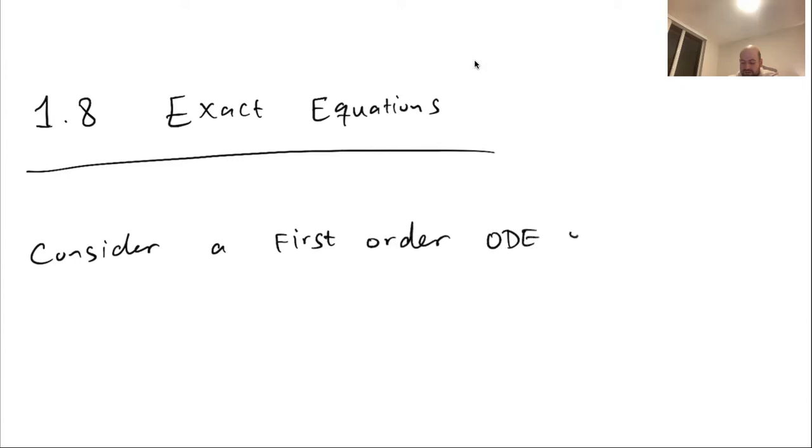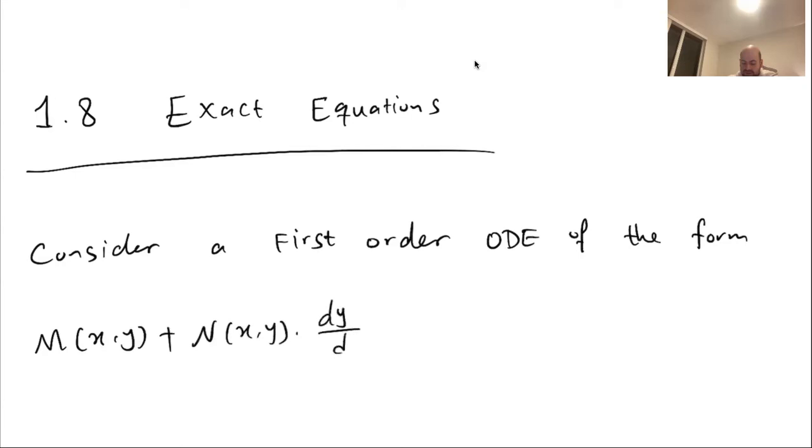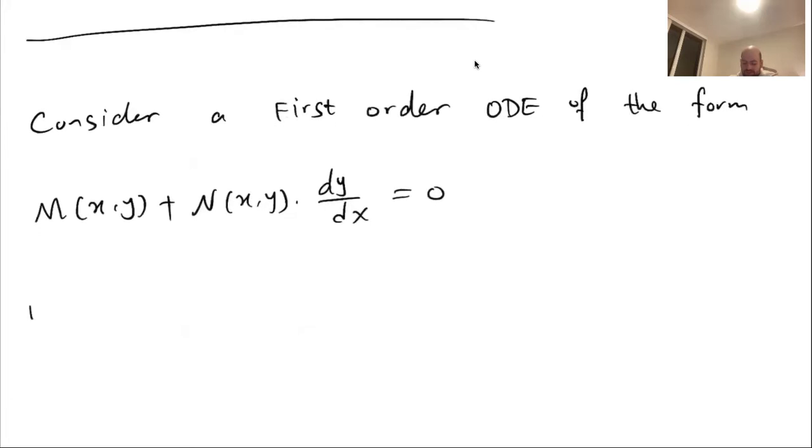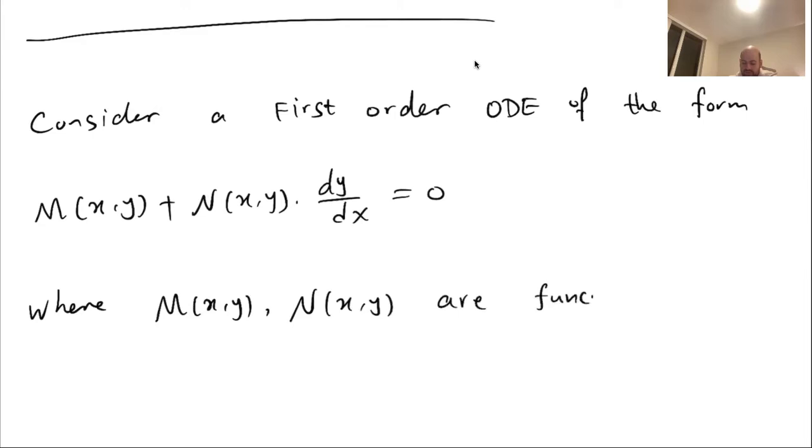First order ODE of the form, let's say, M of x and y plus N of x and y times dy/dx equals 0, where M of x and y and N of x and y are functions of two variables.